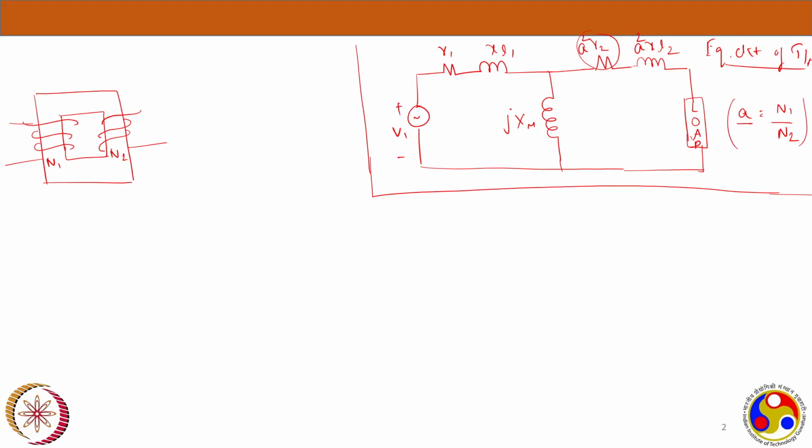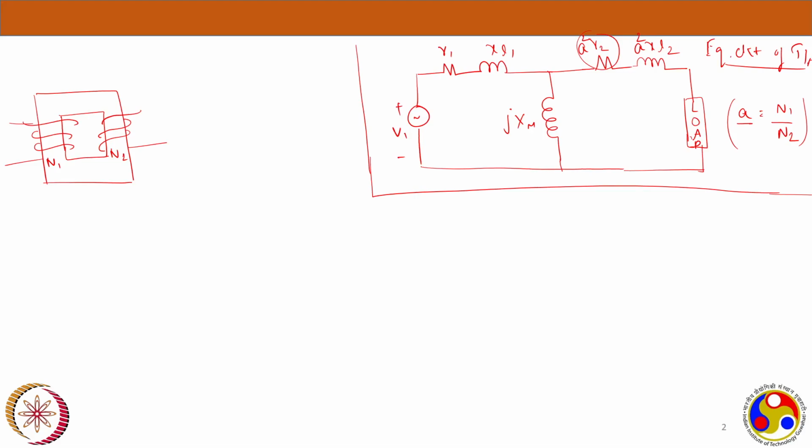Now, by looking at the circuit, you can see that these two coils have a kind of mutual coupling between them. We are slowly getting into the definitions of inductances, and mutual and self-inductances. These two coils have a mutual coupling between them, because if a current is passing through one coil, flux will be created by it, and it will link with the other, and thereby it will induce a voltage in the other.